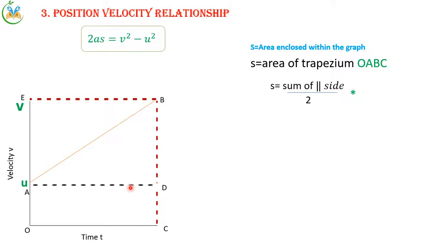What is the height? Height is this OC. OC is the height, or you can call it H. So the sum of sides, AO plus BC, divided by 2 into height. We can write OC instead of height. This is the height between the two parallel lines, this parallel line and this parallel line.